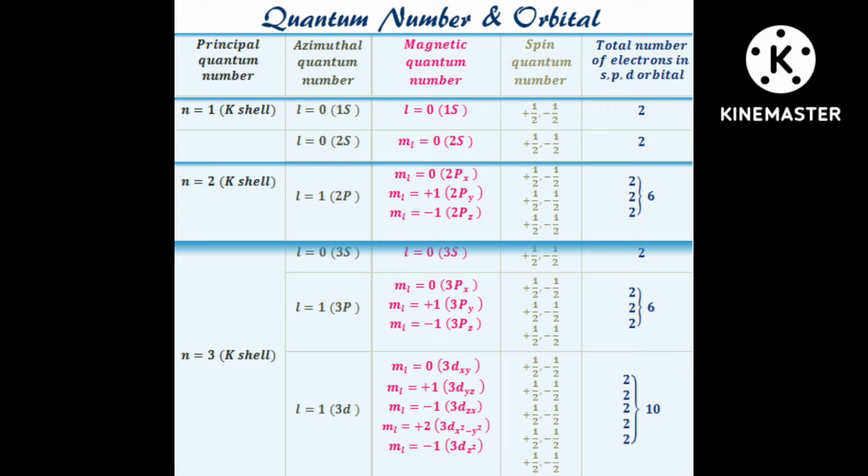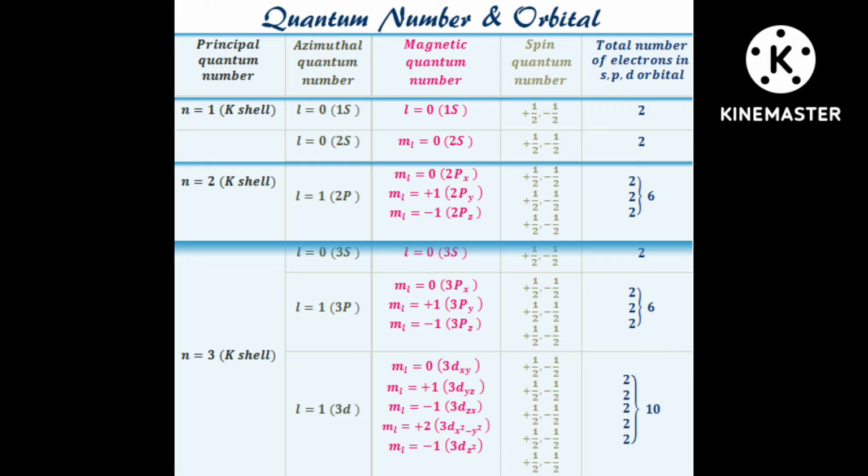Orbitals and quantum numbers. This is very important for you, and many questions are asked only from this topic. Orbitals and quantum numbers. Listen carefully. A large number of orbitals are possible in an atom.